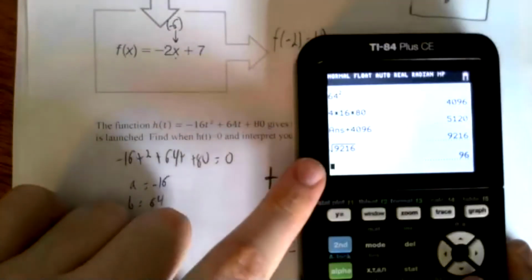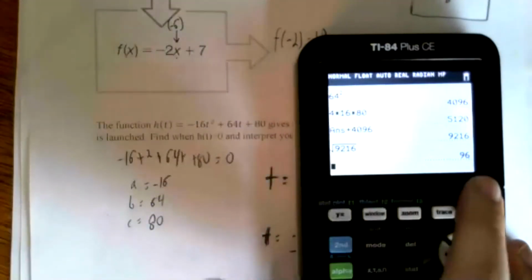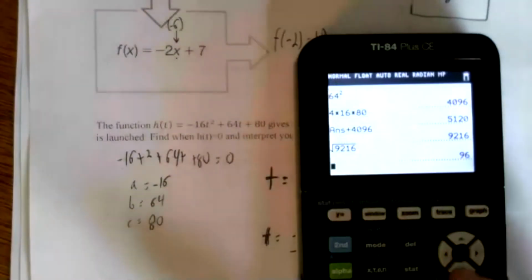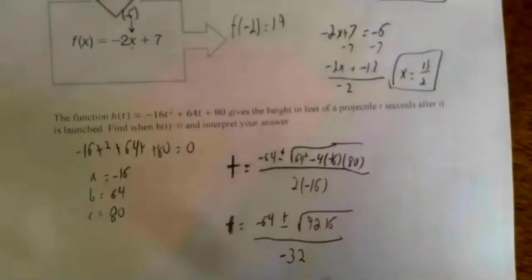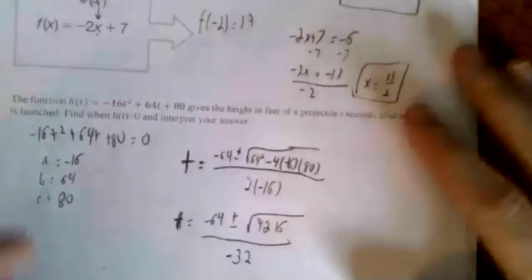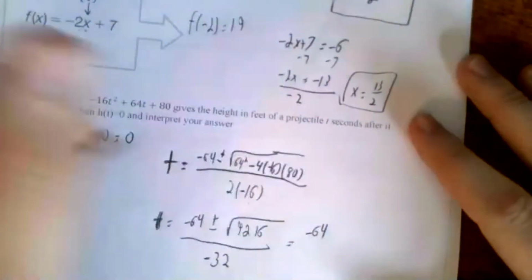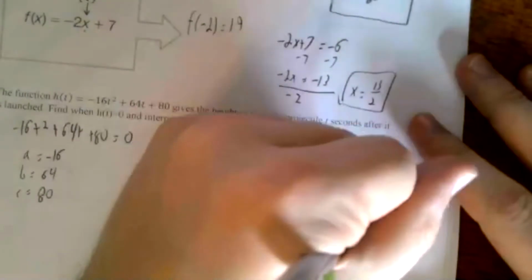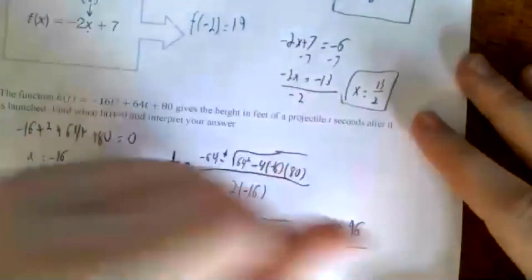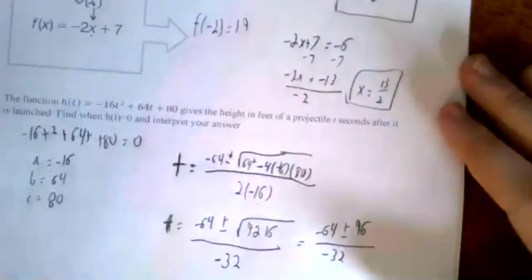So if I just take the square root of 9,216, I get 96. Okay? So I'm going to change that value. So I'm going to have this equal to negative 64 plus or minus 96 over negative 32. Okay?